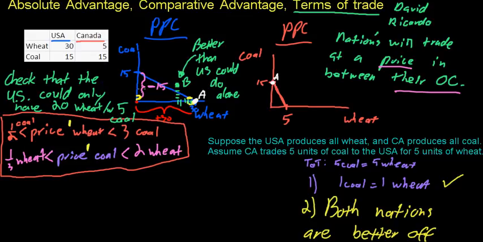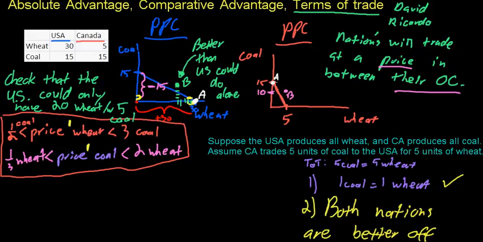Now let's look at the terms for Canada. Canada gives up 5 coal, so they only have 10 coal, and they gain 5 wheat. So they get 10 coal and they also get 5 wheat. This is point B for Canada, and we can see that that's way better than what they could do on their own.